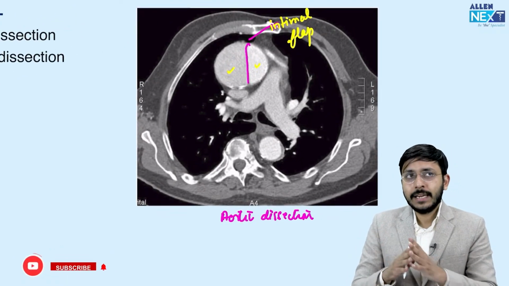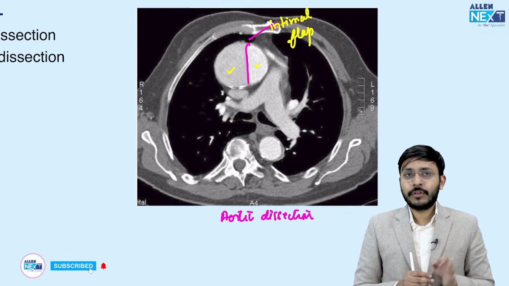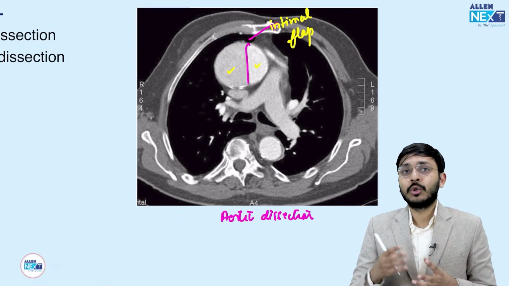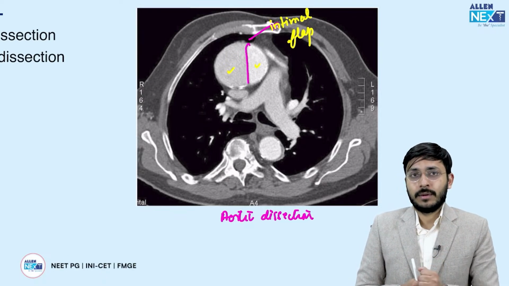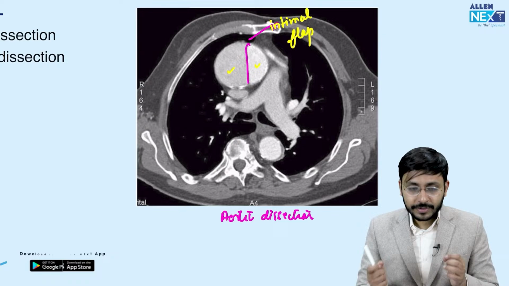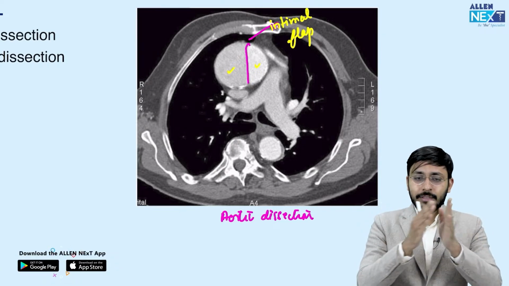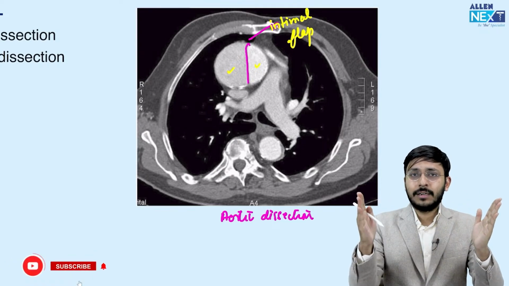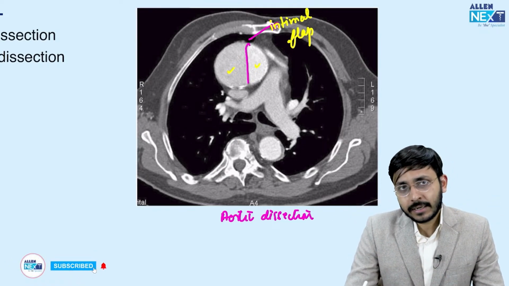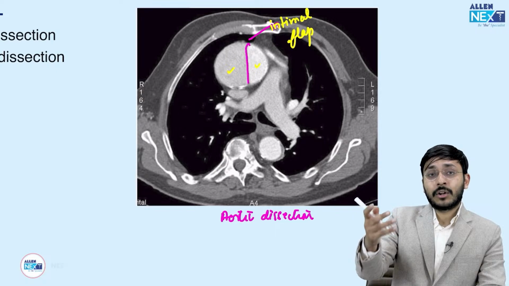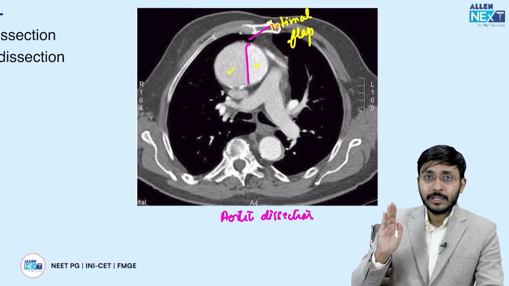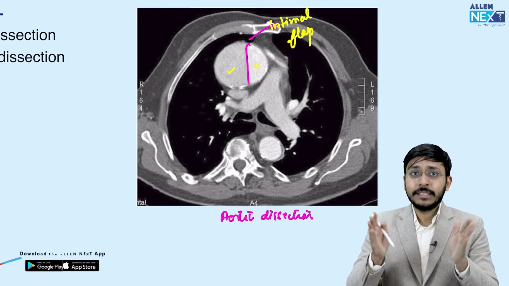Now, in an aortic dissection, it's very important for us to identify the true lumen and the false lumen, because the intervention depends upon where you put in the stent. So if you put in the stent in the true lumen, the false lumen will disappear and the dissection will be treated. However, if you put in the stent wrongly in the false lumen, you are inadvertently closing that artery.